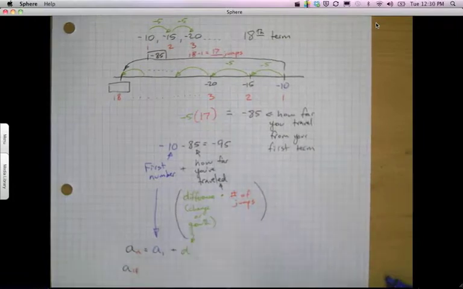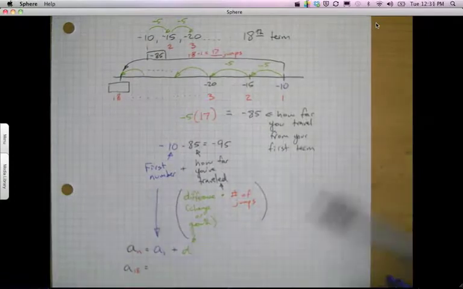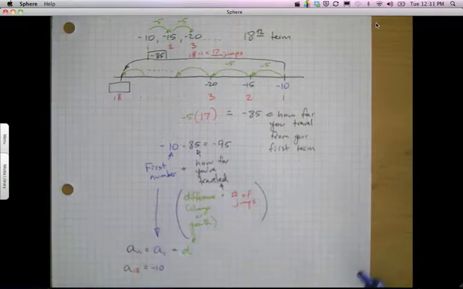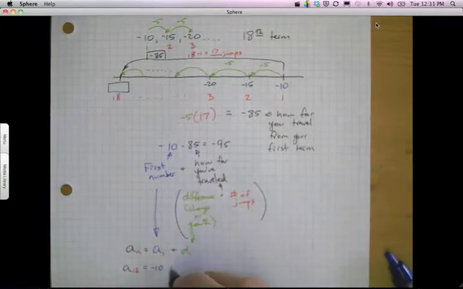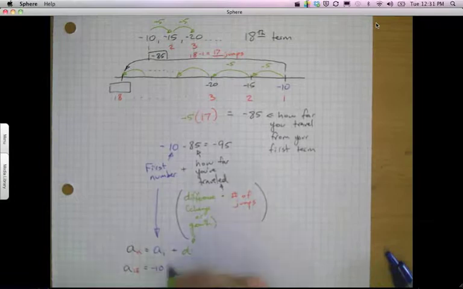which in this case is going to be -5 for my situation down here. So here, I'll start filling this equation out for my situation. So A1 is my first number, which in this case is going to be -10. And my difference, in this case, was -5.